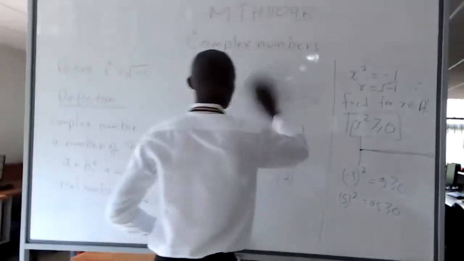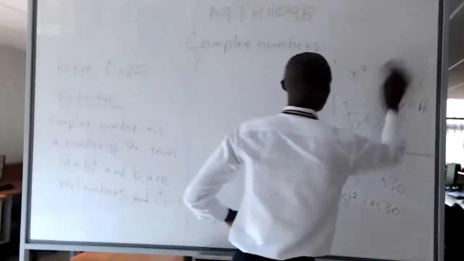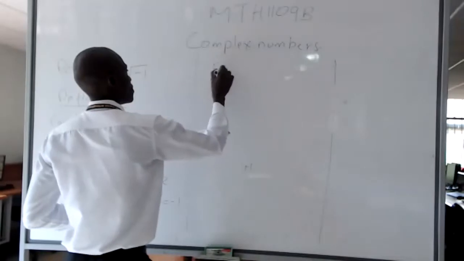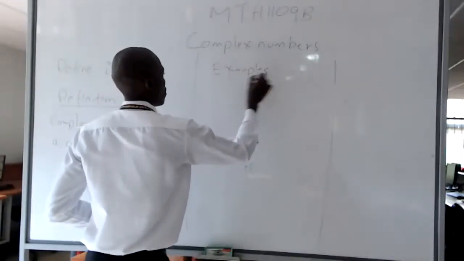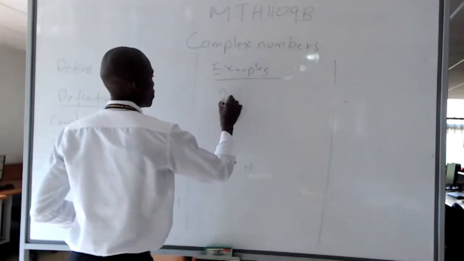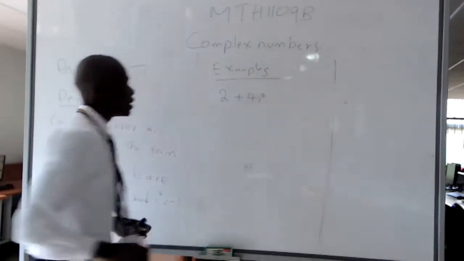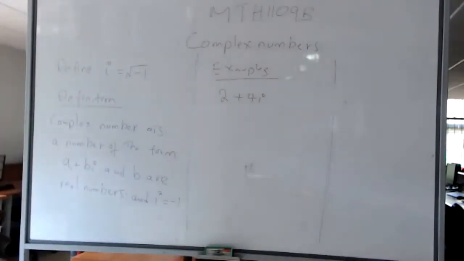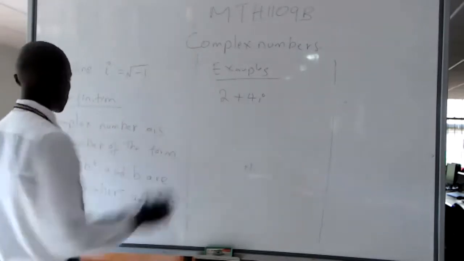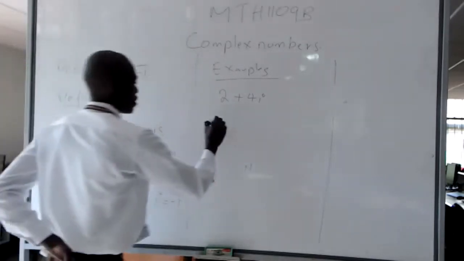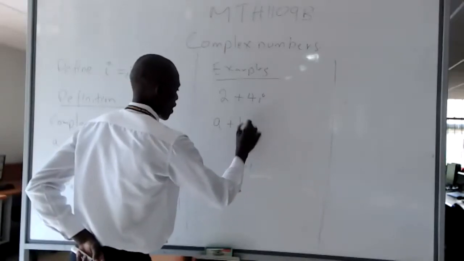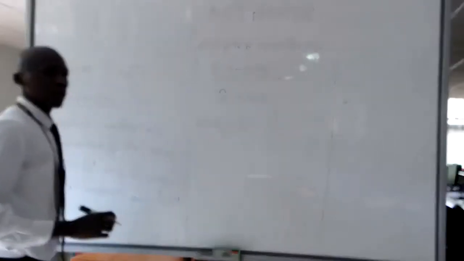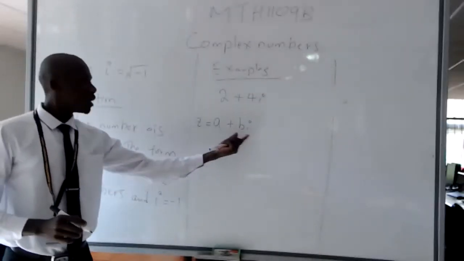Let me give examples of complex numbers. For example, a number like 2 plus 4i. This is a complex number. 2 and 4 are real numbers. Before I give another example, you will notice that if you have the number a plus bi, let me call this number z, then it has two parts: a real part and an imaginary part.